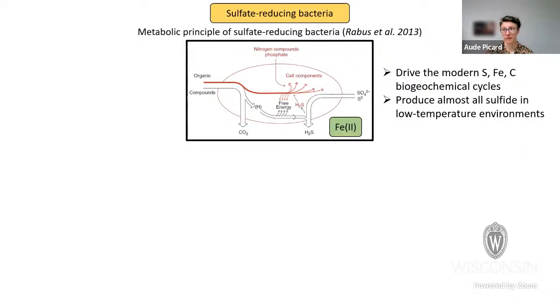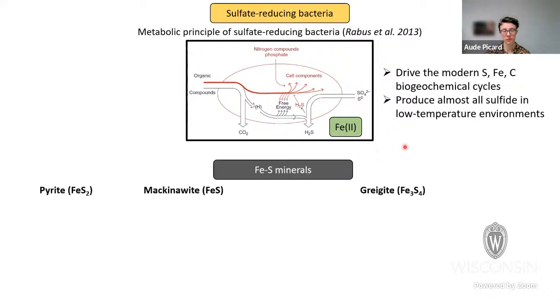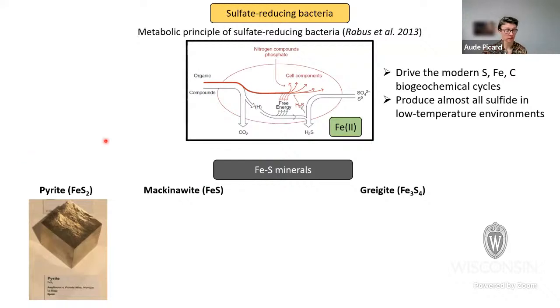And here's where the iron comes into play: whenever there is iron in the system, iron 2 will interact very quickly with sulfide and produce iron sulfide minerals. I will start with the most famous one, which is pyrite.